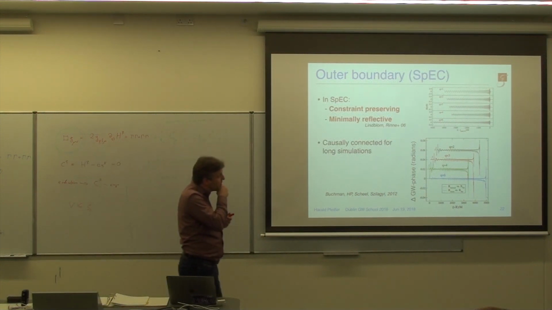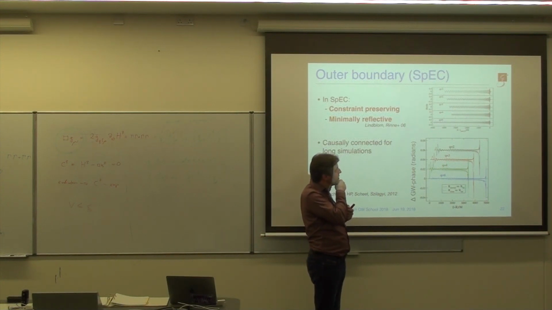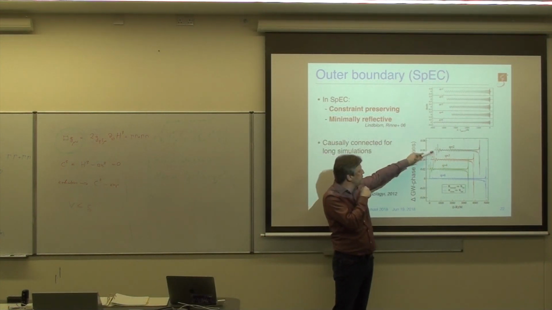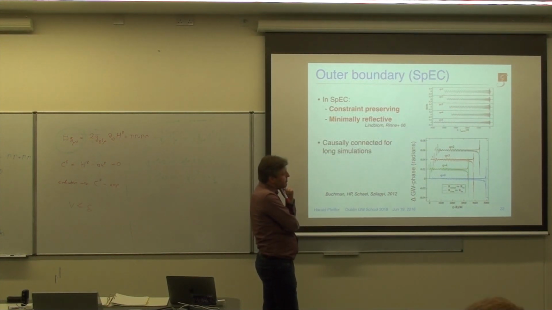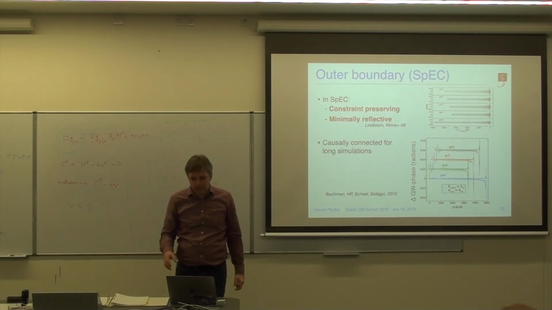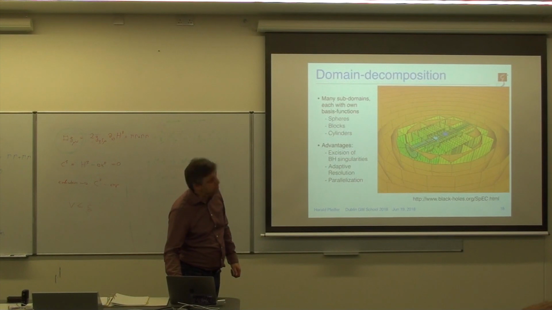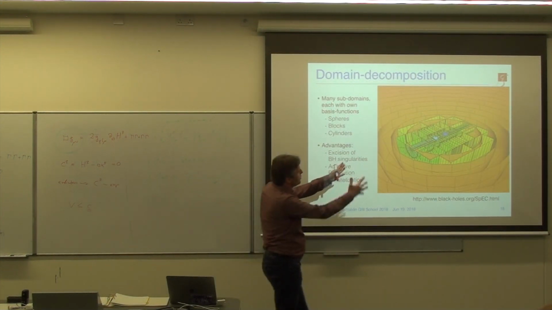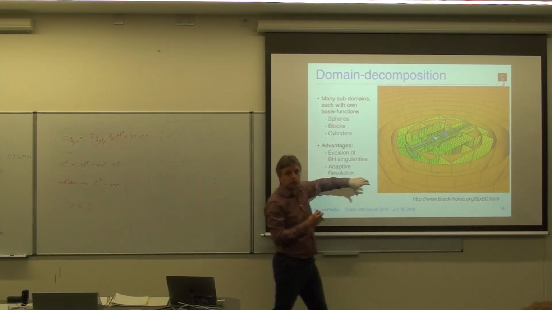In fact, we tested this quite a few years ago when we were working on simulations of mass ratio 2:6. And so we've done simulations with 3 different locations of the outer boundaries. The nice thing is when you have this type of domain decomposition, you can move the outer boundary further away by attaching more of these spherical shells.